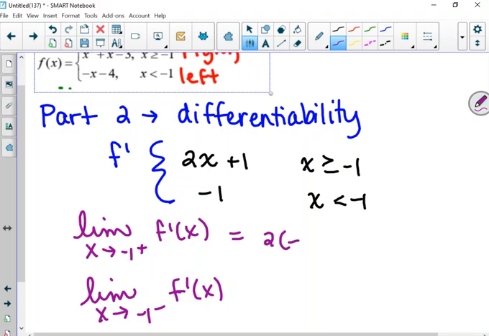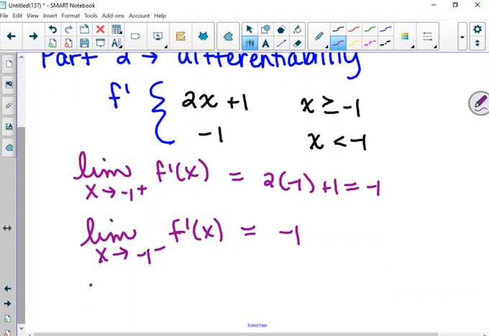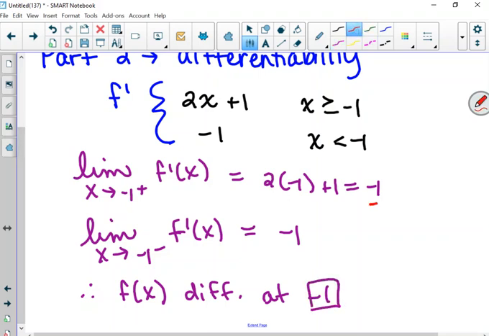Okay, so 2 times negative 1 plus 1 is negative 1. And the left limit is just negative 1. So, therefore, my original f of x is differentiable at negative 1. These just have to match.